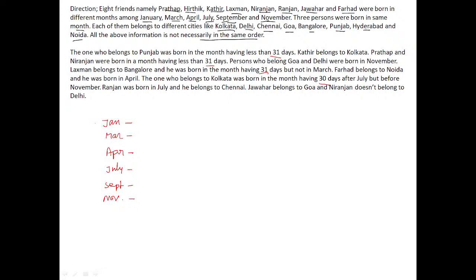I am marking those particular months which have 31 days. January is 31, March 31, April, June 30, July 31, September, November all are 30. So only January, March and July are 31 days.